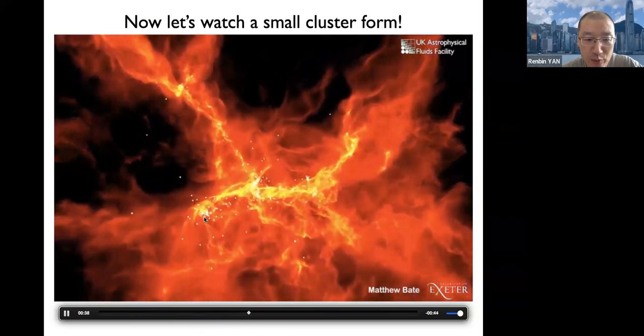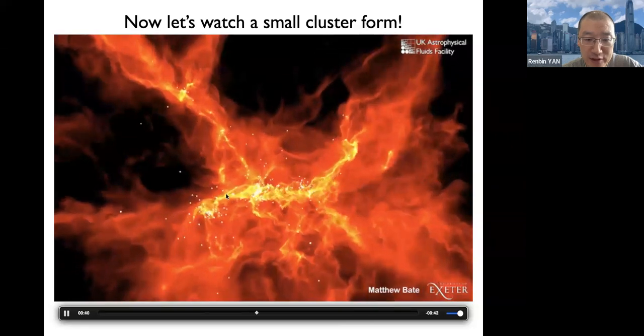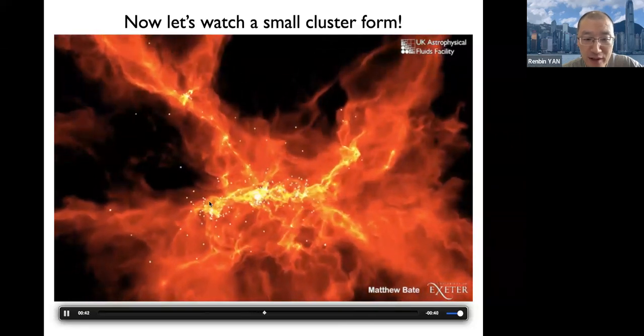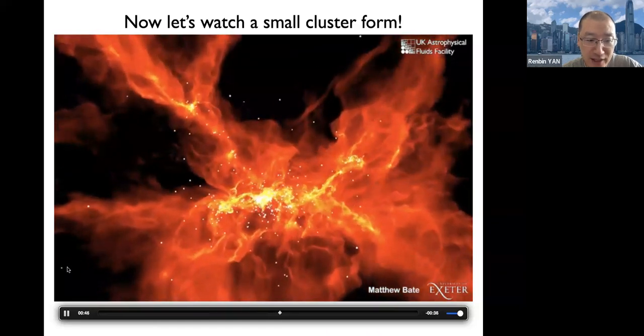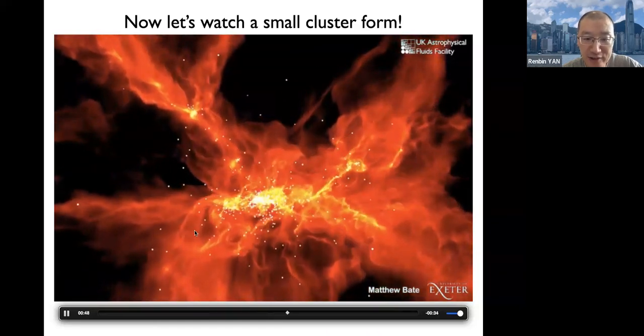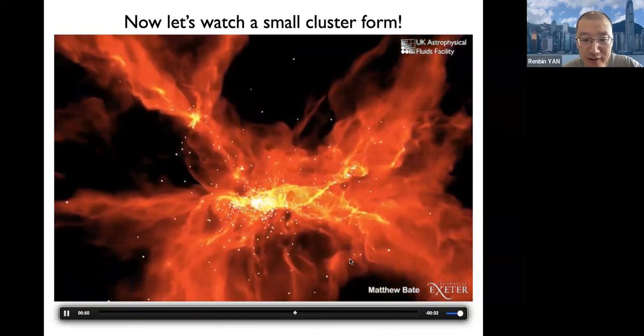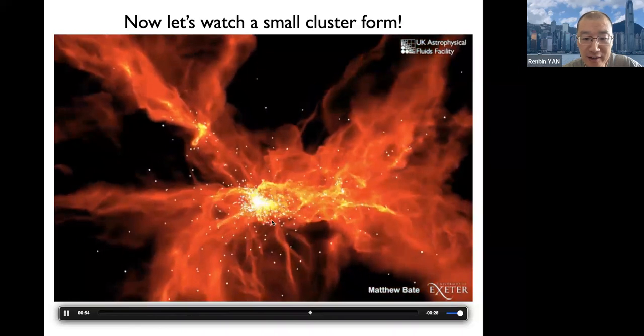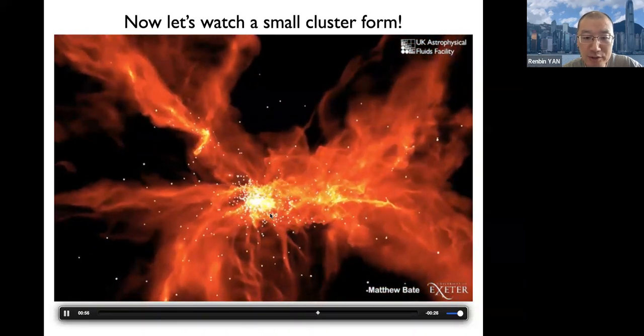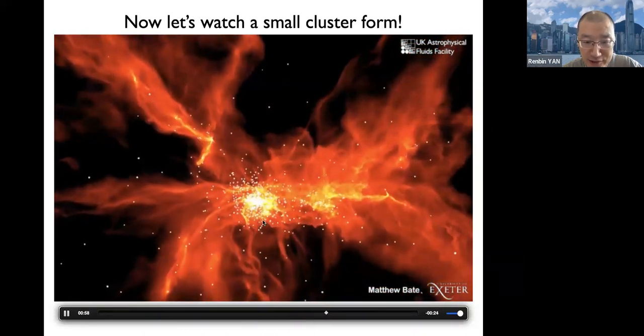Some of them will come back because there is stronger gravity, so they are bound to the cloud. But other stars, if they have high enough velocity, fly away to other places. And you can see the remaining stars are gravitationally bound to each other, and they form a cluster.